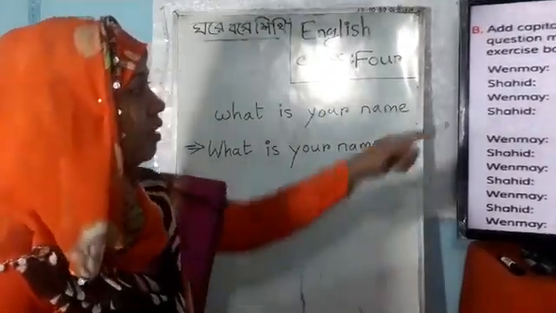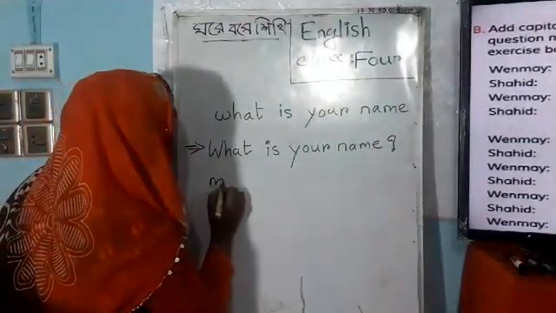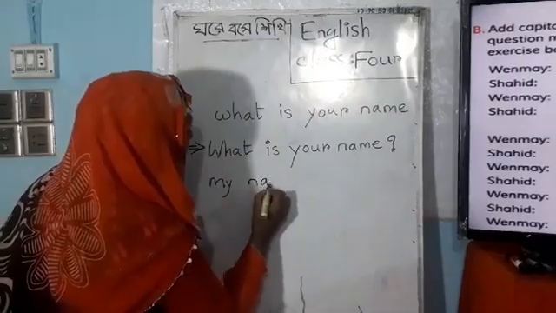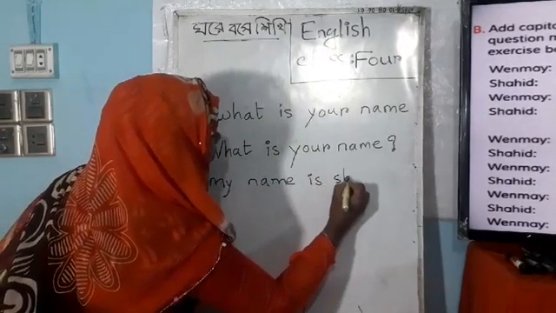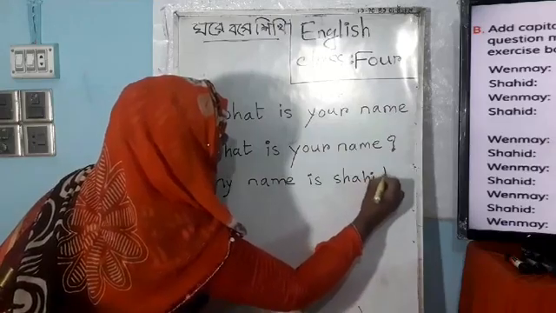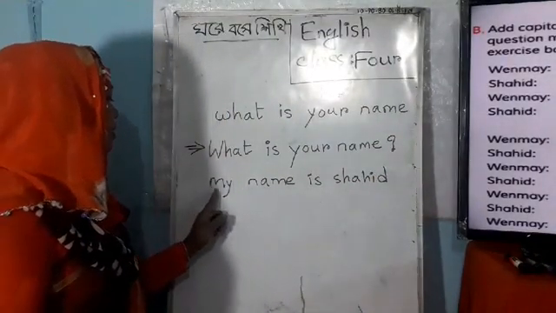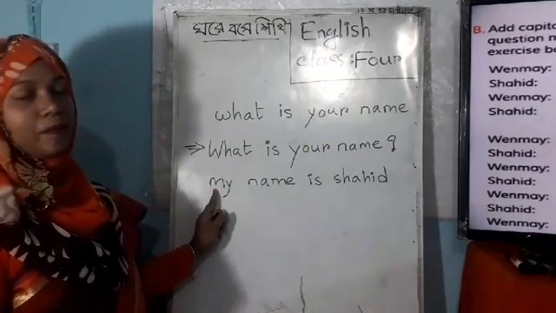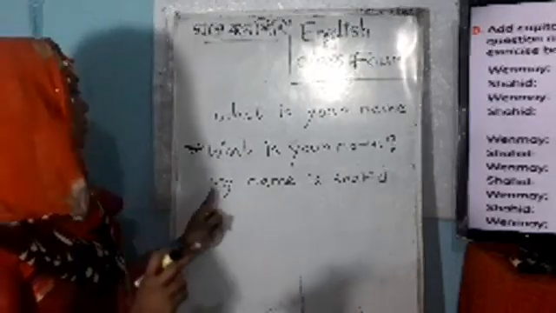Then the second sentence, my name is ষয়II. My name is ষয়II. Dear learners, here this is a small letter m. It starts with my. My is a word and it starts with a small letter.